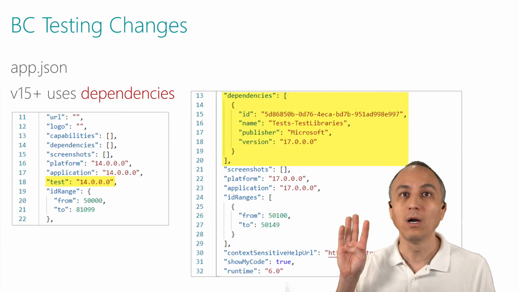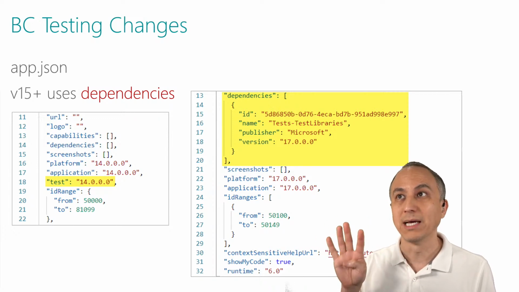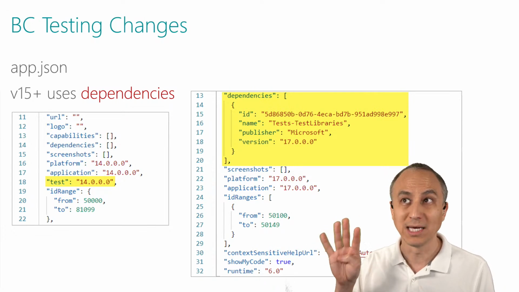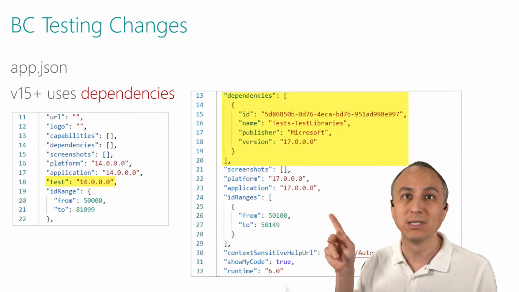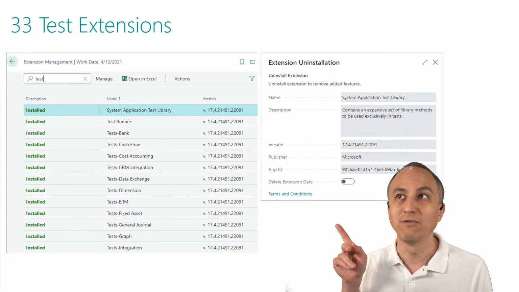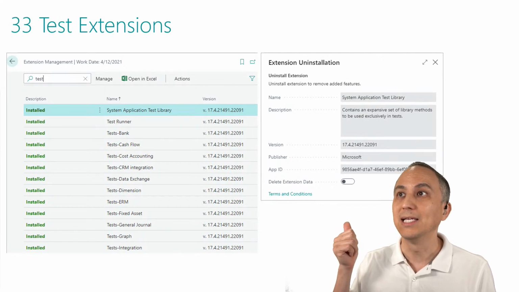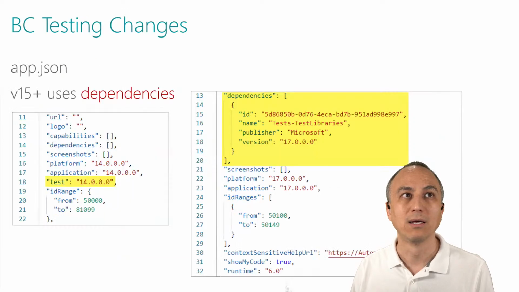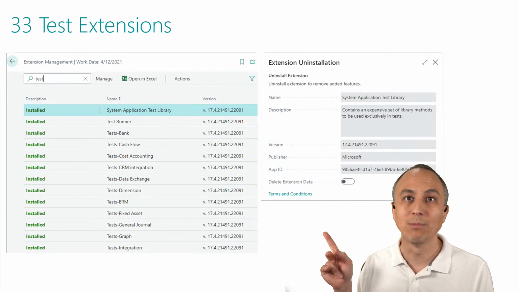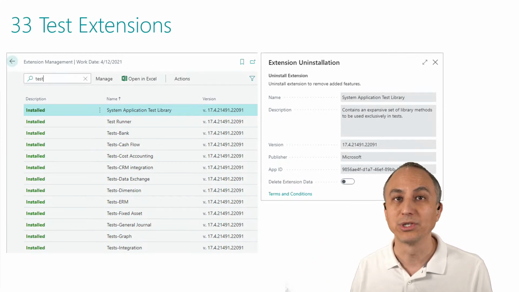So you need 4 parameters per dependency: ID, name, publisher, and minimum version, I believe technically is what it is. So I'm able to list 17.0 here, even though the library is actually 17.4. So you need ID, name, publisher, and minimum version. Okay, so you can grab all of that from within extensions.